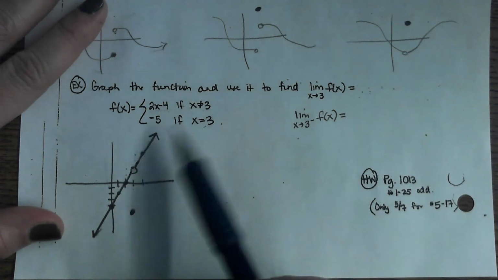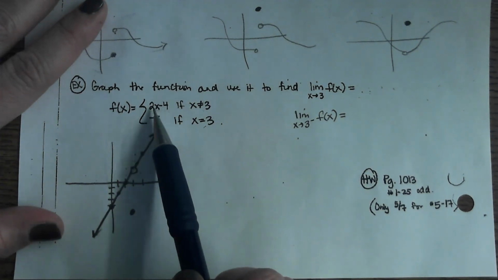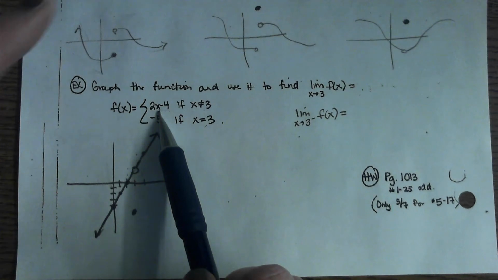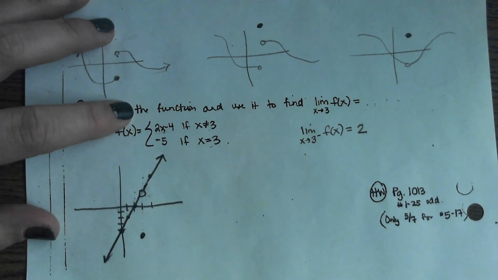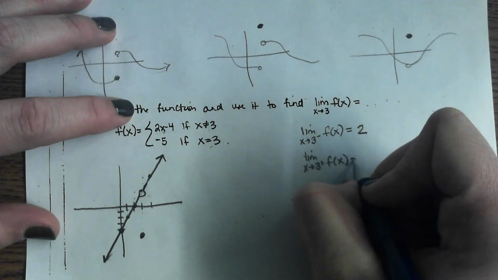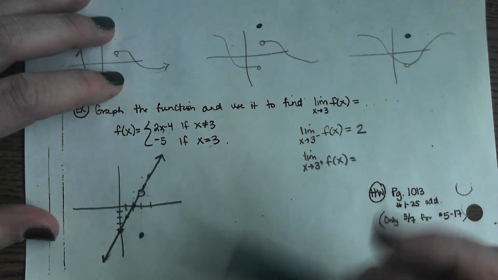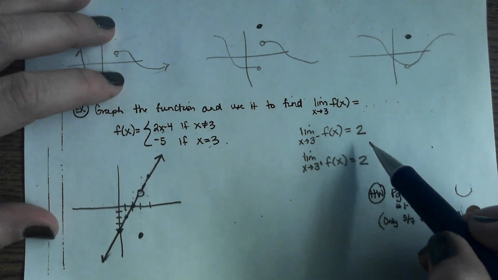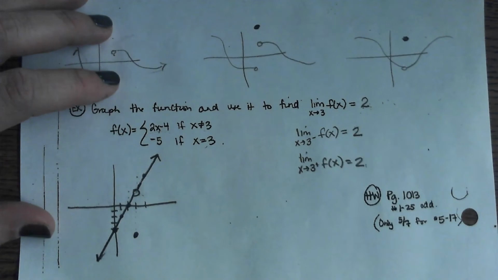But you could also just plug 3 in and say, well, 6 minus 4 is 2. So that's where the hole is, where the graph's intention was. So as I approach from the left, it's approaching 2. And as I approach 3 from the right-hand side, I'm also approaching a y-coordinate of 2. Do those match? Yes. And because they match, the overall limit exists as well and is 2.